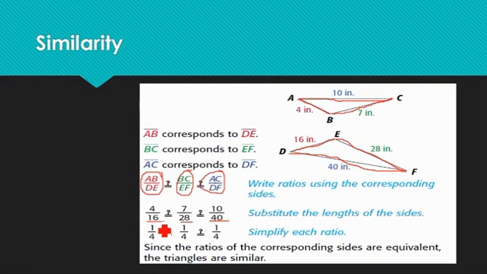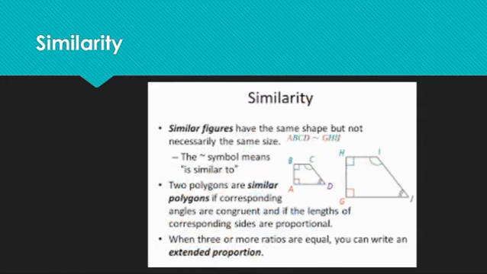And if you simplify all those fractions, you will see that they all simplify to 1/4. Therefore, all the ratios are equal, and since the ratios of the corresponding sides are equivalent, then the triangles are similar.